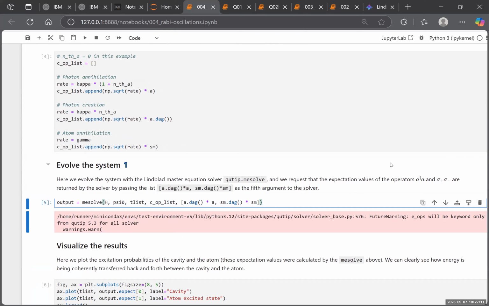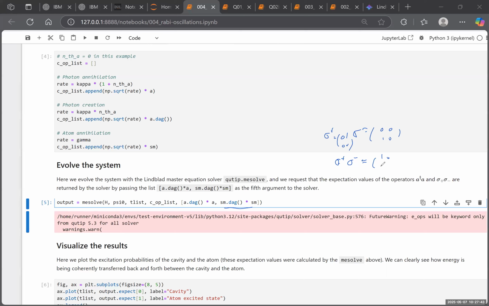So sigma minus is related to the sigma z, sigma minus, sigma plus. And so we evaluate S dagger times SM. So that's the product of the two.